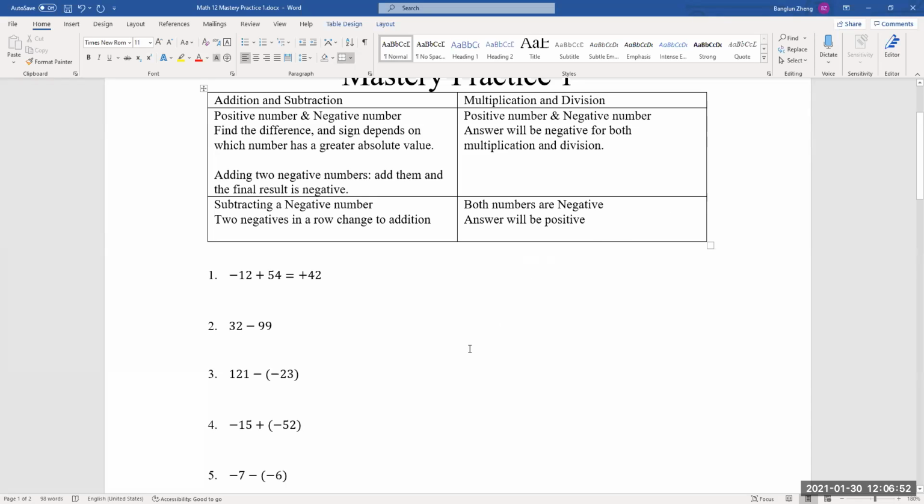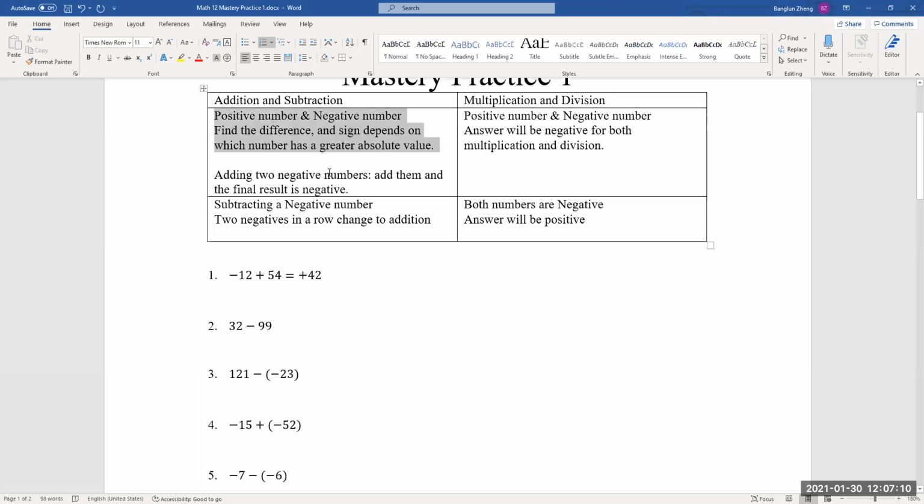All right, number 2, we're going to look at 32 minus 99. 32 is a positive number, and minus 99 means 99 is a negative number. So it's still the same condition.